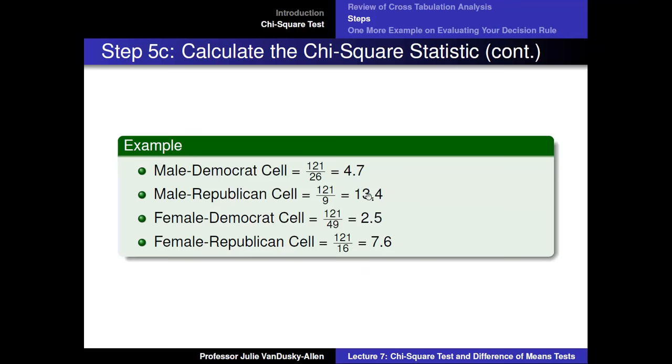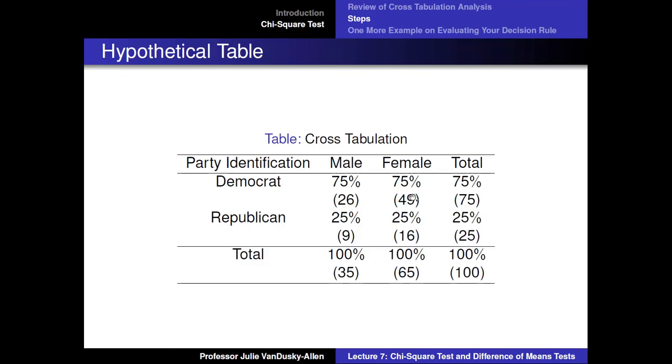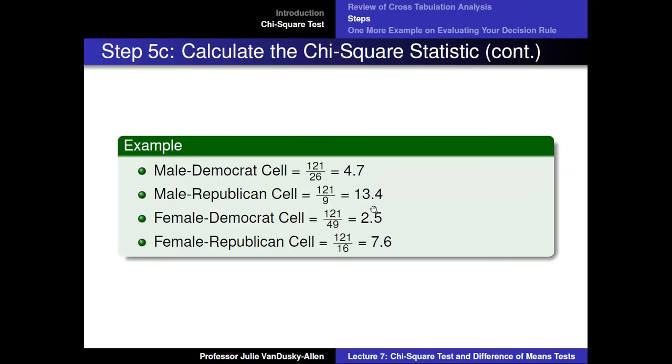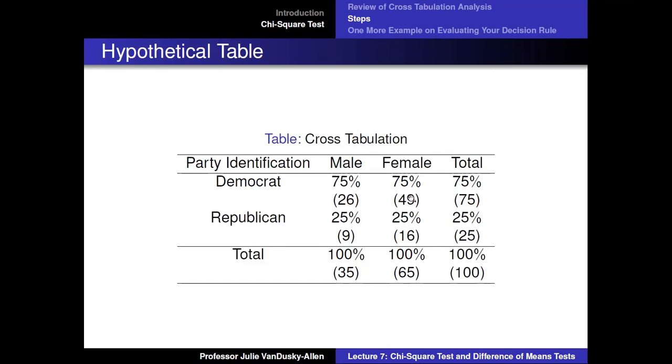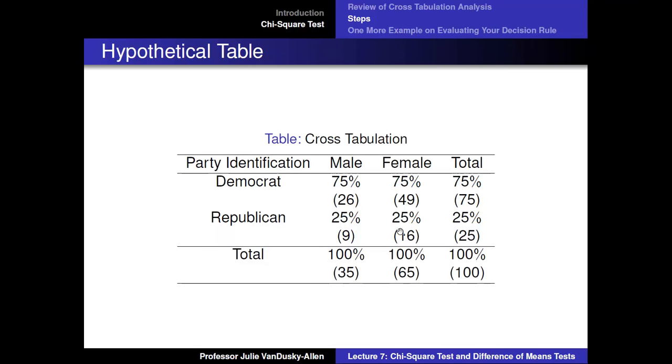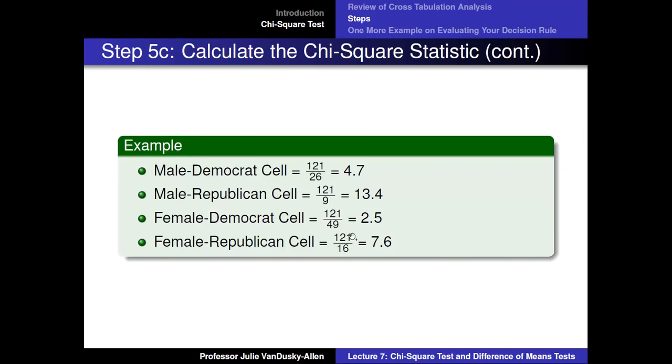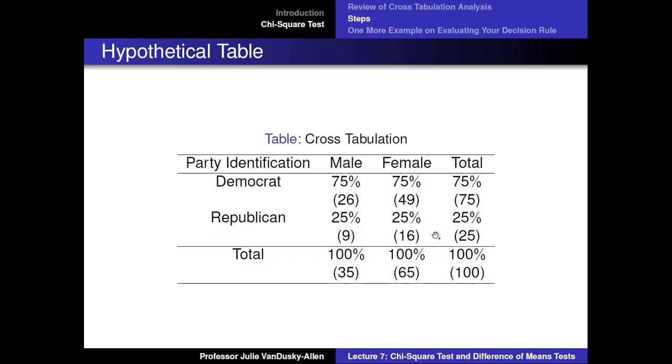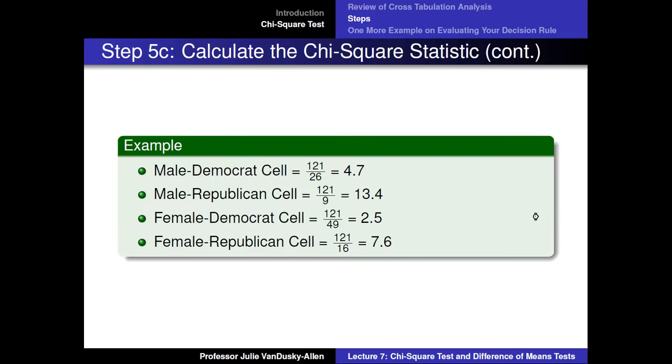For the male Republican cell, it should be 121 divided by 9, which is 13.4. For the female Democrat cell, it should be 121 divided by 49, which is 2.5. And for the female Republican cell, it should be 121 divided by 16, which is 7.6.